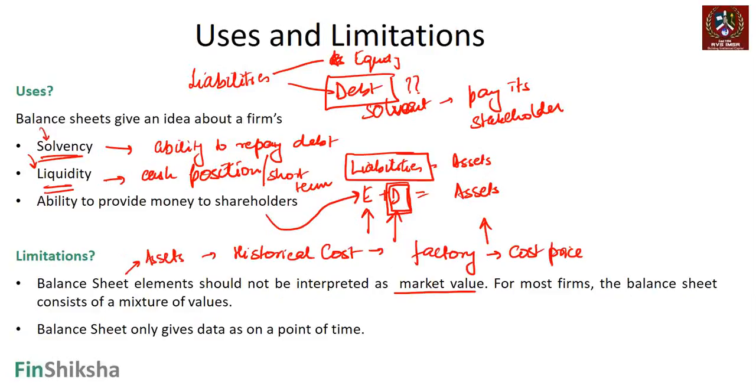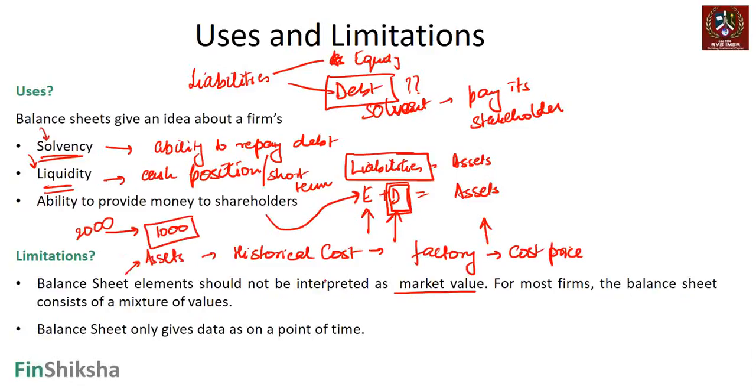So the balance sheet elements are interpreted as a basic fair value, but that may not necessarily be the market value, right? I may invest certain money in some sort of assets, but the market may value them differently. I may go and buy a company and pay 2000 for that company, but the market might value that only for 1000, right? So it could go both ways.